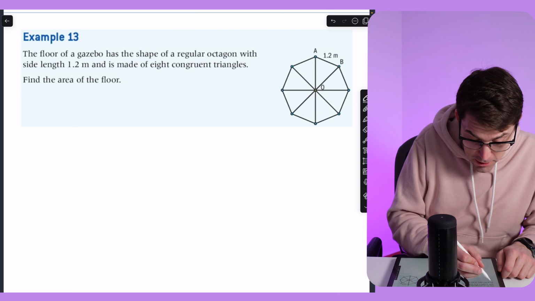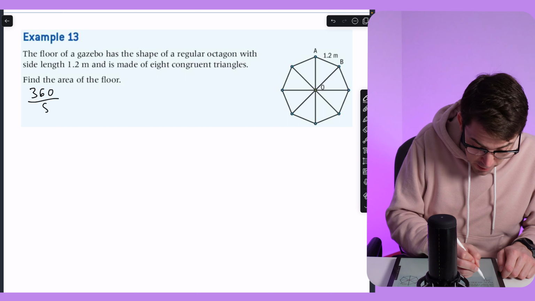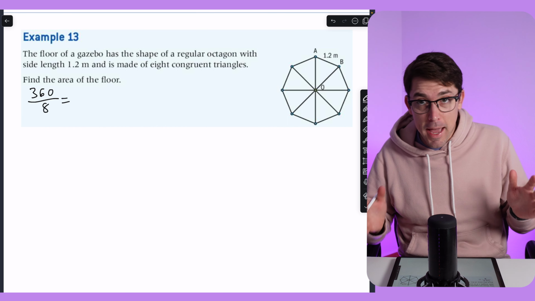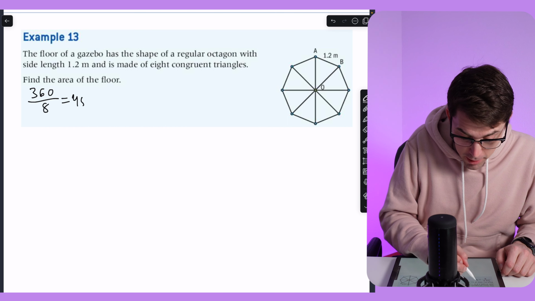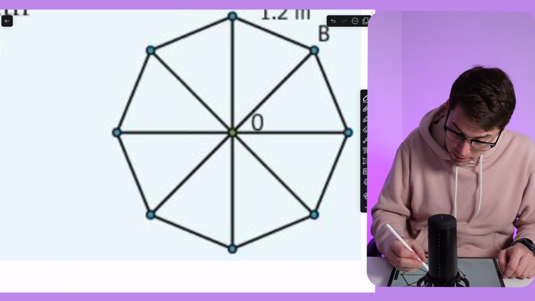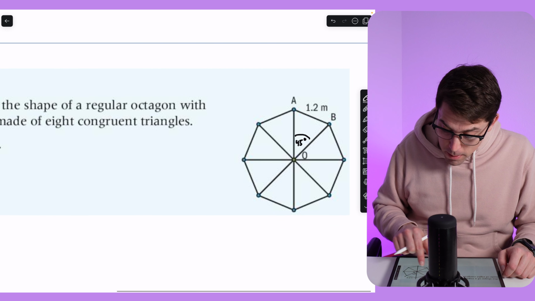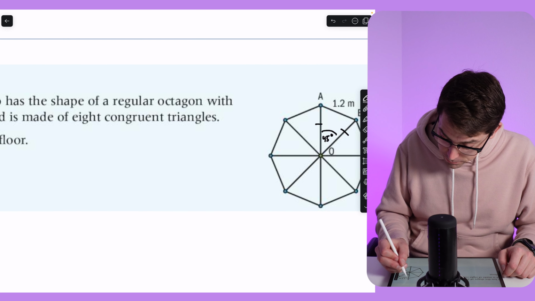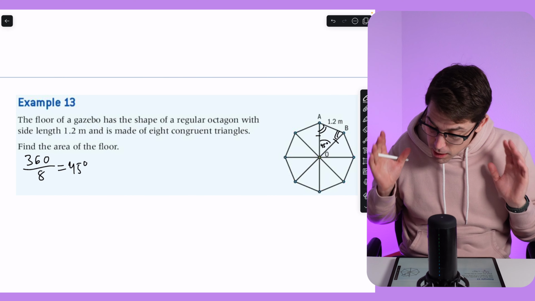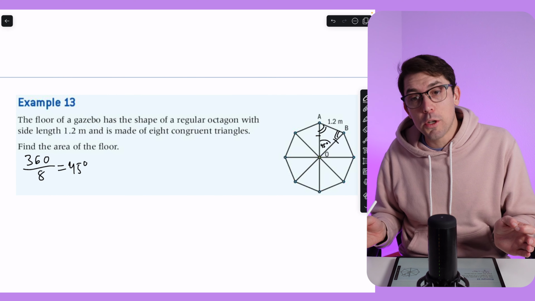Now, if I took 360 and divided it by 8, what is going to be my angle measurement? It's going to be 45 degrees. So what that means is that this angle in here is going to be 45 degrees. Now remember what I said about these being isosceles triangles. What that means is that these two angles are equal to each other.